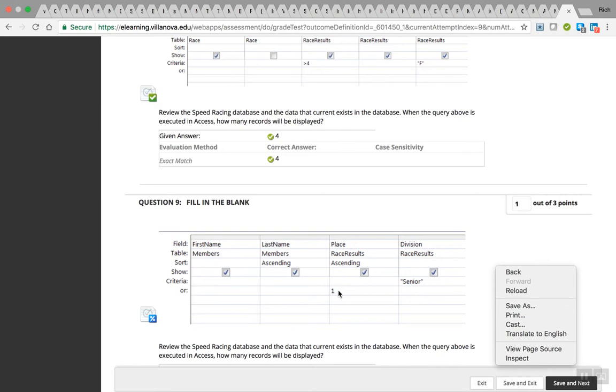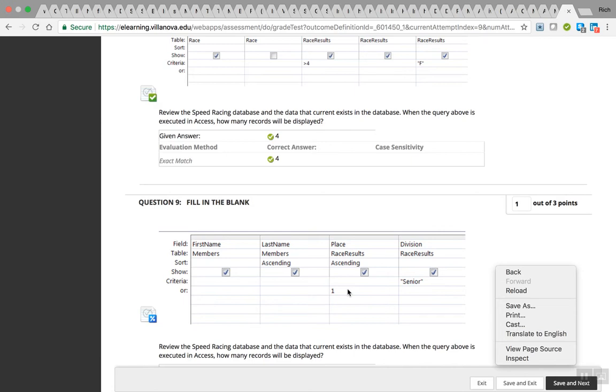If things are on different lines, you read this as an or. Anything that's on the same line is treated as an and. So this would be, somebody is a senior in division, or finished in first.